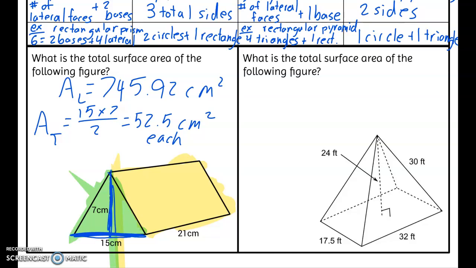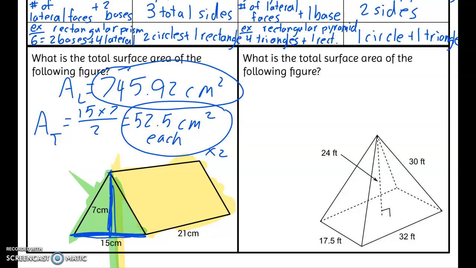So now I need to add up 2 of these and my total lateral area.